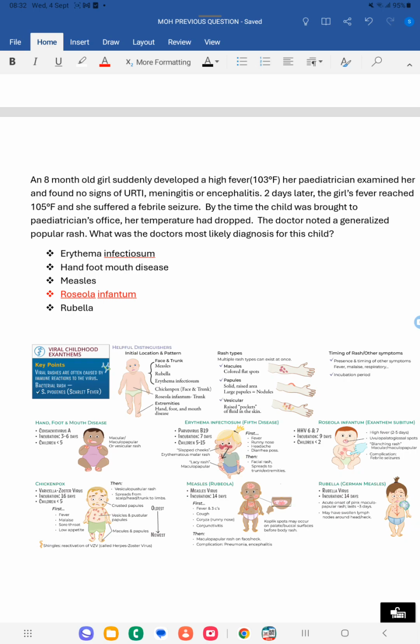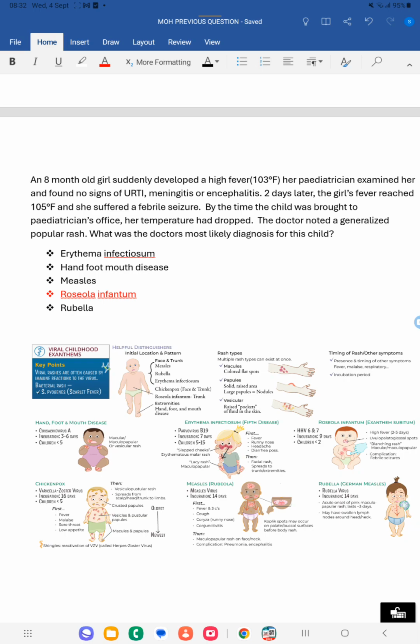Next, this is a model question. They asked this type of question in the MOH examination, not the same one, but similar to this. An 8-month-old girl suddenly developed a high fever. Her pediatrician examined her and found no signs of upper respiratory tract infection, no meningitis or encephalitis.